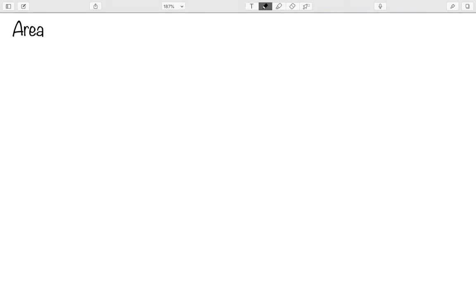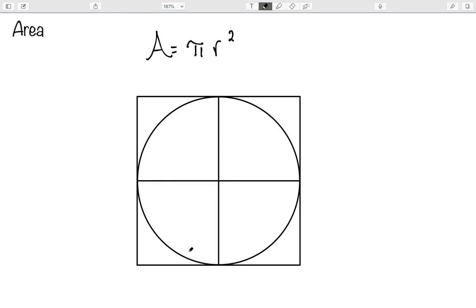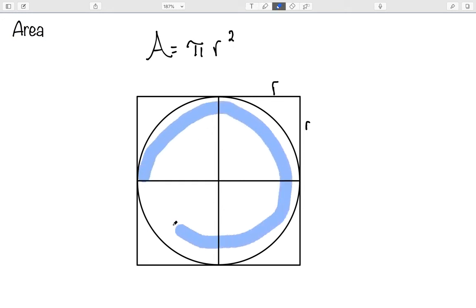Next, let's consider the area of a circle. The area of a circle is pi r squared. So where does this formula come from? Well, let's suppose I have a circle here, and I have blocked it off into little squares of size r by r. I want to know how many squares this circle would fill.